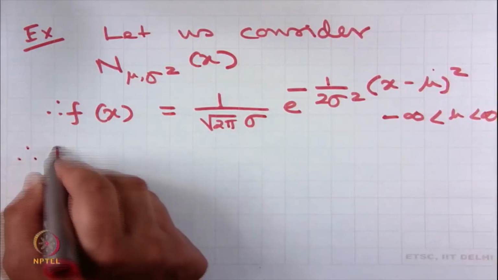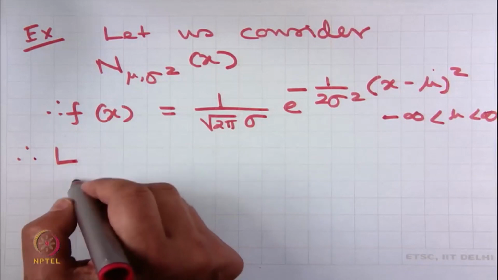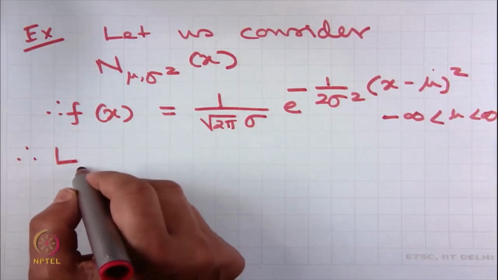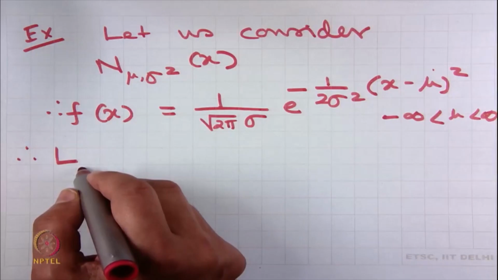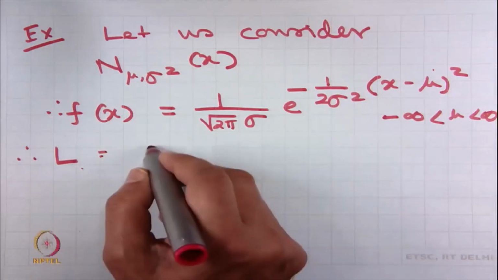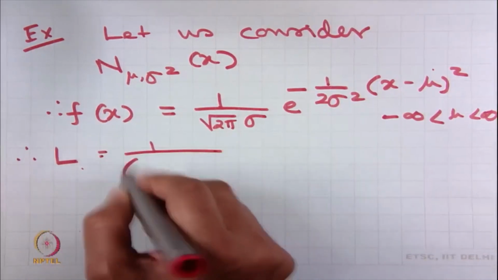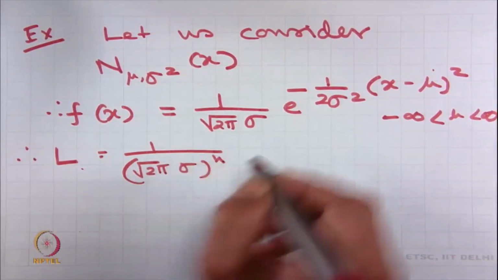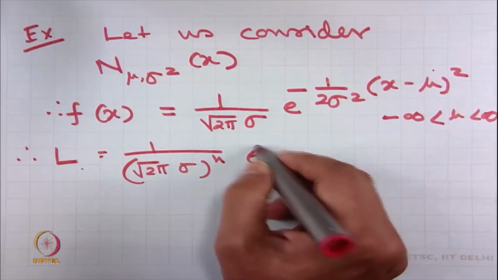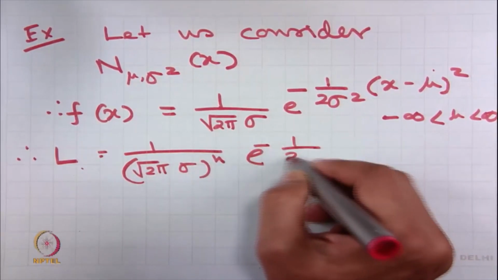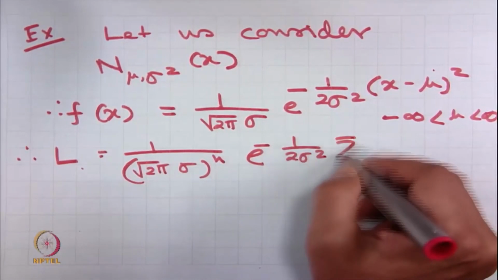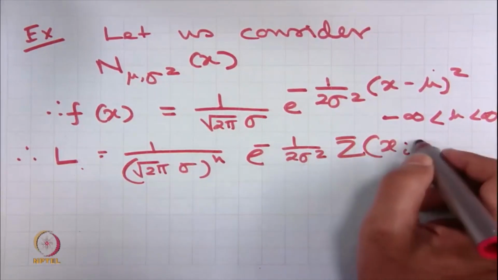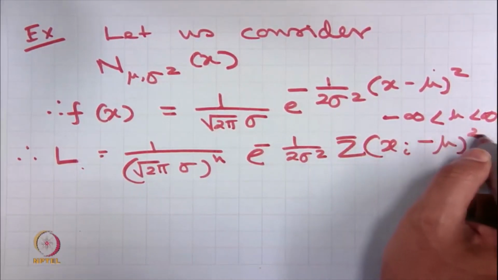Therefore, L of mu, sigma square, which we often write as L theta, is equal to 1 over root over 2 pi sigma whole to the power n, e to the power minus 1 upon 2 sigma square sigma xi minus mu whole square.